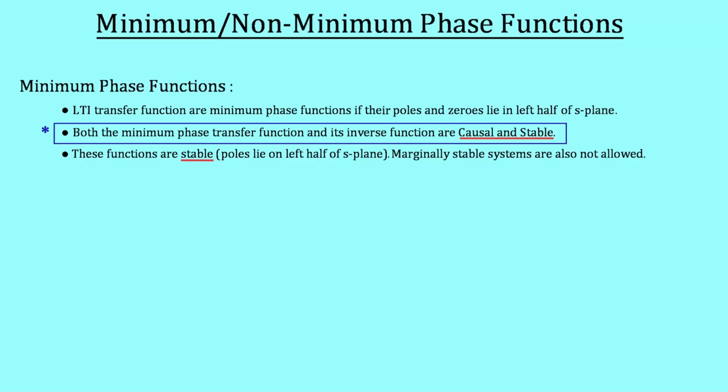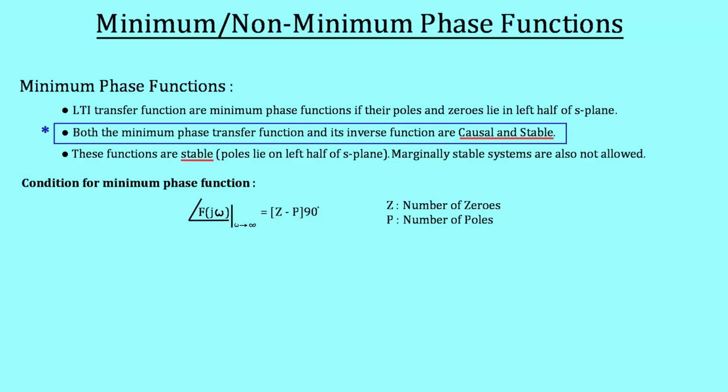This word stable is very important. It simply says that the minimum phase transfer function as well as its inverse function cannot be marginally stable either. So, in other words, poles as well as zeros on the imaginary axis are also not allowed for the system to be a minimum phase function.